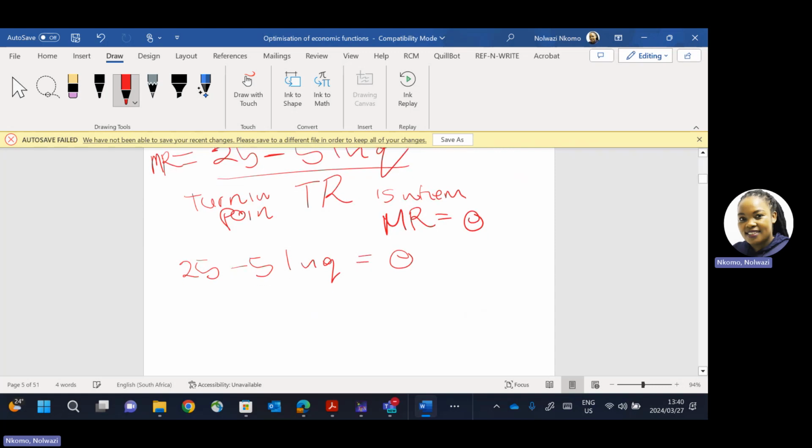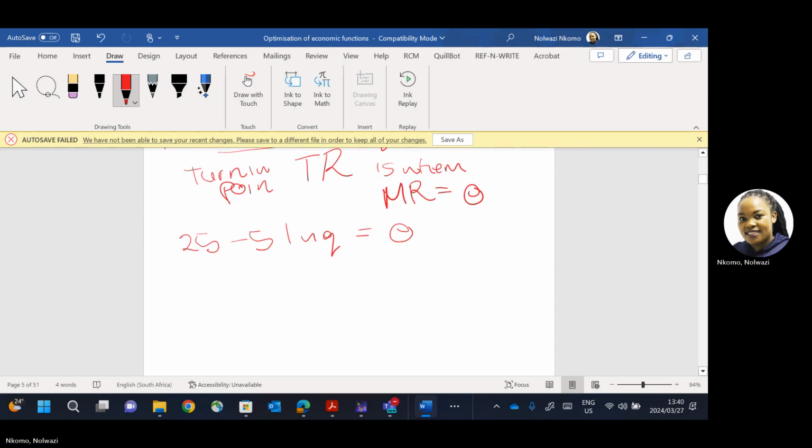Then the next step is to solve for Q. I will transpose this to the side and I will have minus 5 ln Q equals 25. Then the next step, I divide this by minus 5.